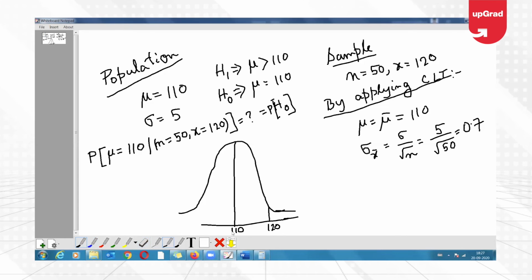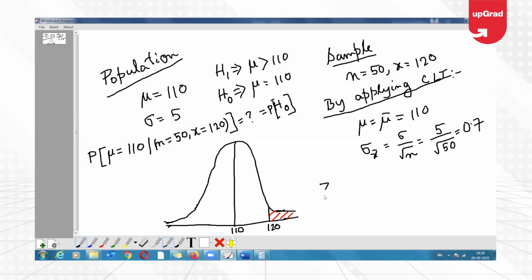Let me draw it a bit nicely. So this is 110, this is 120, and this is my rejection region, the region which does not contain 110 and 120. That is always my rejection region, remember it.